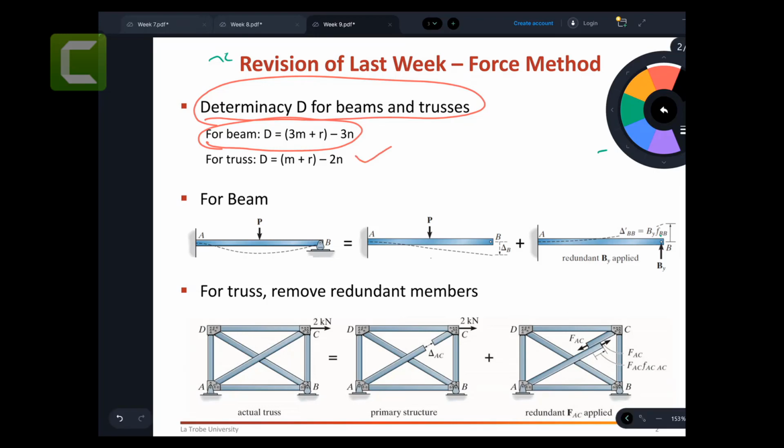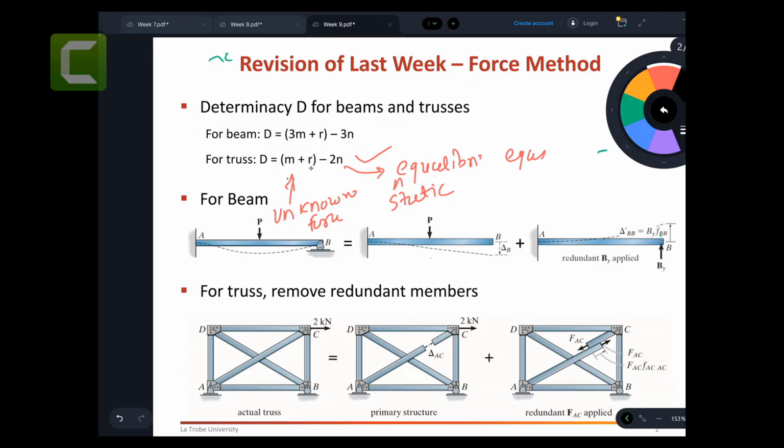And for truss, very similar equation, which equals m plus r minus 2n. M stands for the members, how many members you got in the truss, r is how many reaction forces you got, and n is how many joints you have. So basically, this one talks about how many unknown forces you have, and this one how many total static equilibrium equations.